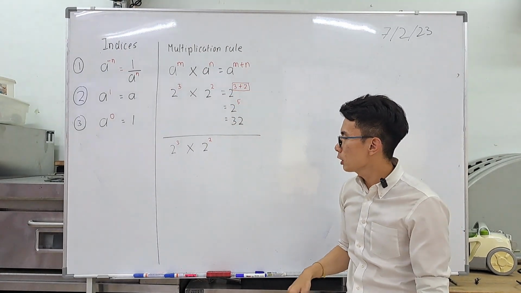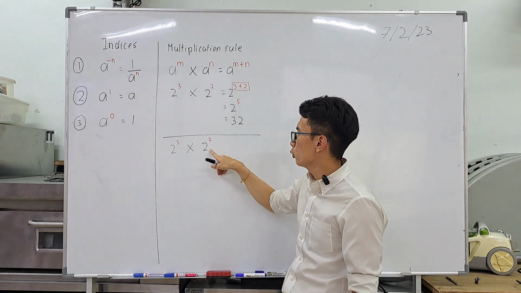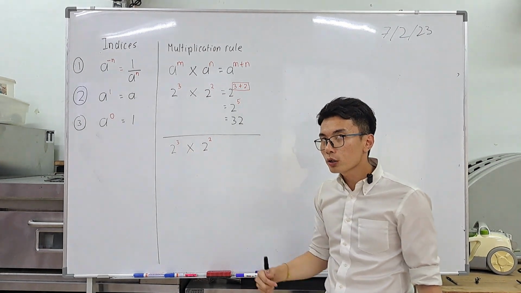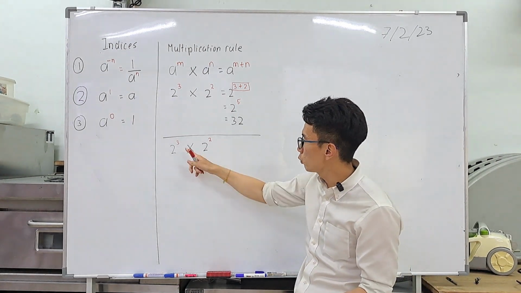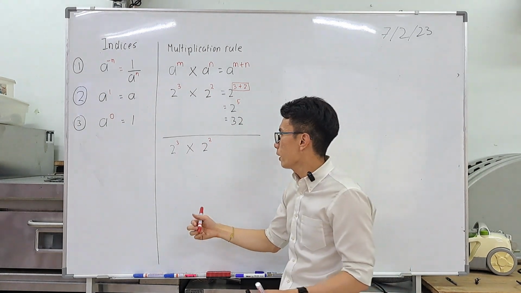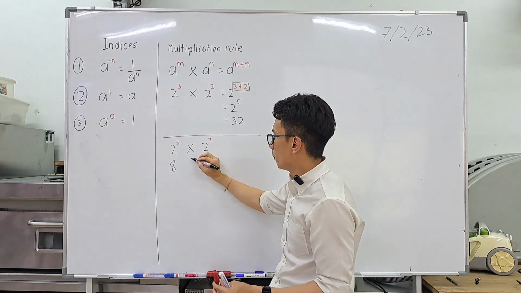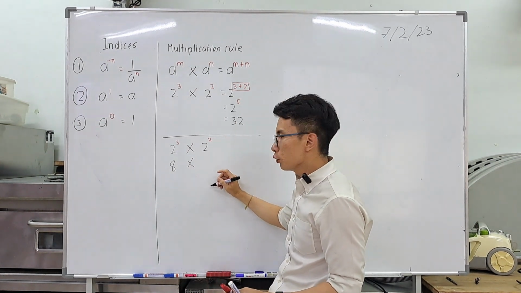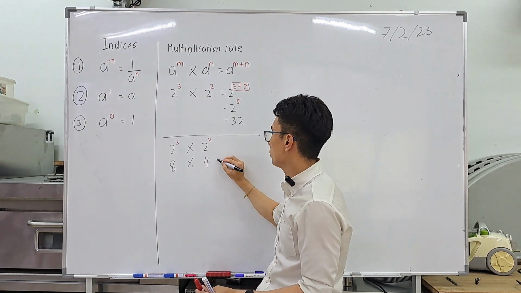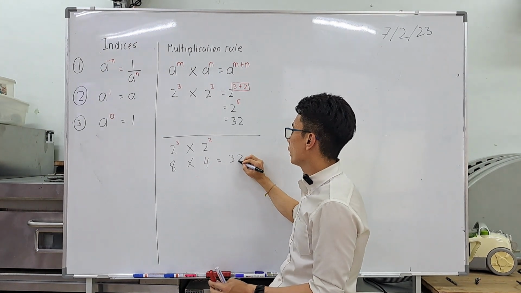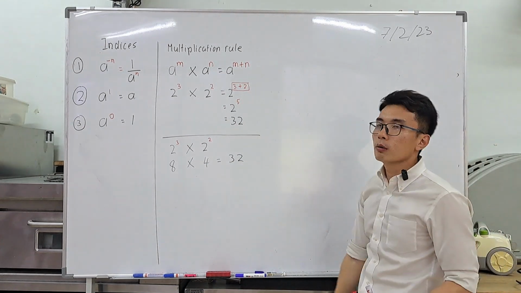According to BODMAS, we should do the orders first because we have powers here. So let's expand them. 2 to the power of 3 gives me 8, multiplied by 2 to the power of 2, which is 4. And true enough, 8 multiplied by 4 gives me 32 as well. So that is how we do our multiplication rule.